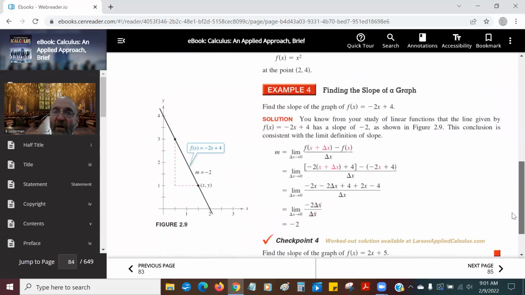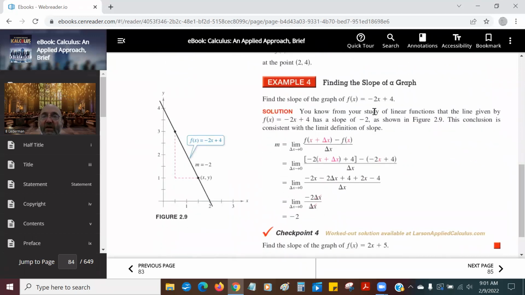Alrighty. Let's do another example. Find the slope of the graph f of x equals -2x plus 4. In this case, it's kind of interesting because the slope doesn't even matter; it's always going to be the same.